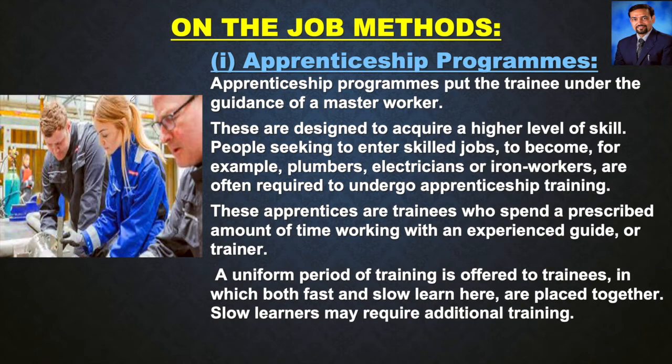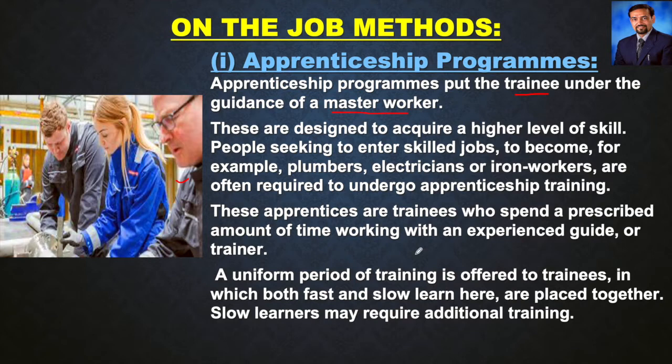Under the on the job methods, the first thing we have to discuss is apprenticeship training, or the apprenticeship program, right? What happens in this case? The trainee is put under the guidance of a master worker. As you can see here, he is a master worker and these are the trainees. They are learning now, so he is guiding both of them.